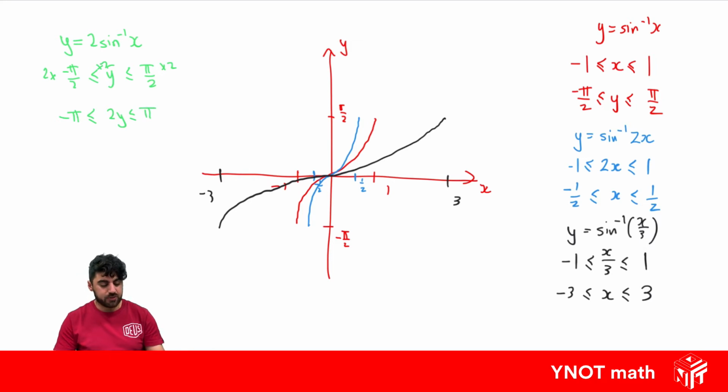So 2y is between -pi and pi. This gives us our new range for this function. We're going from pi all the way down to -pi, but it's still between -1 and 1 because we haven't changed the domain.